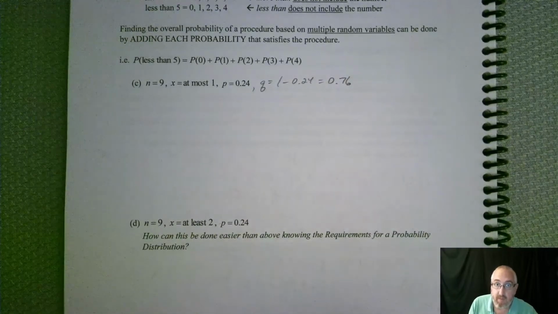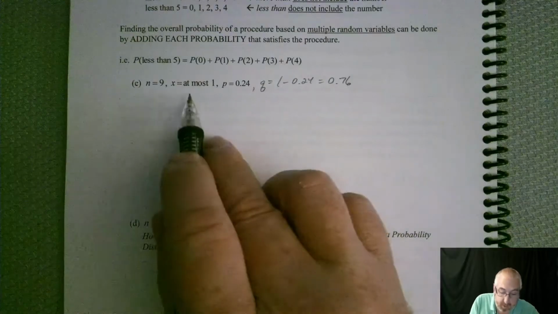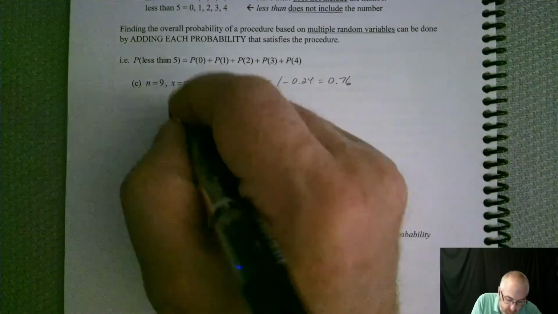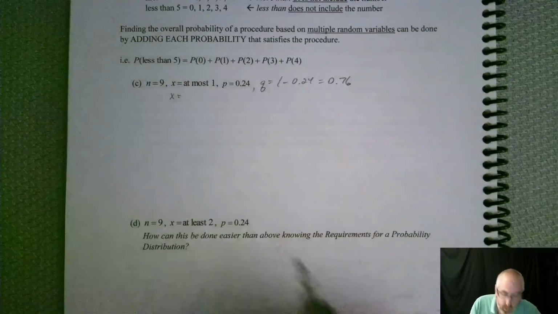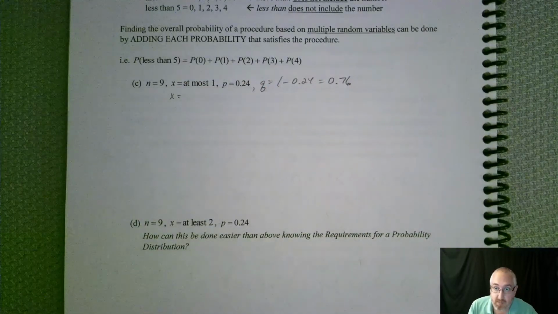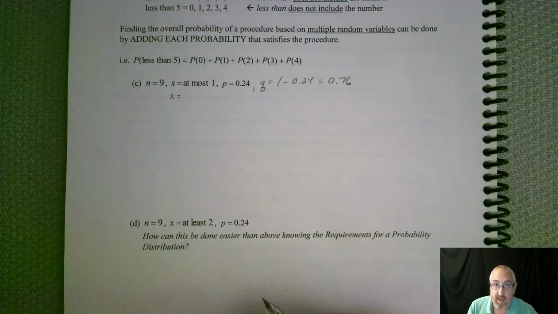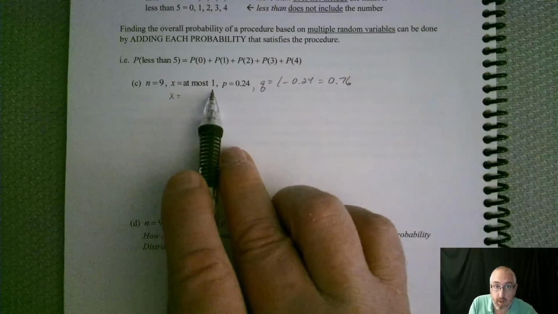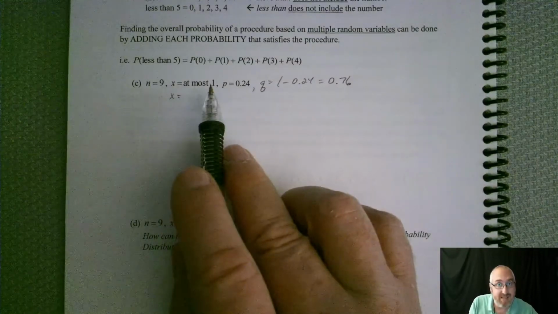So now we have all of those pieces, but we still need to break down what at most 1 is. If x is at most 1, what are those individual cases based on what we just described? If it's at most 1, we want to include 1, but then we want everything less than that.